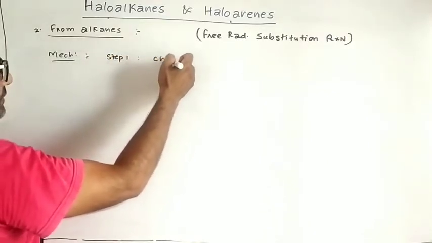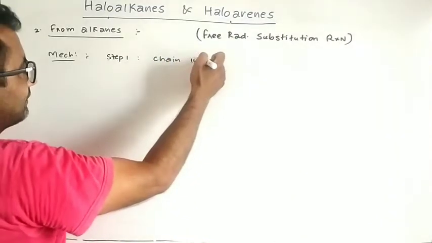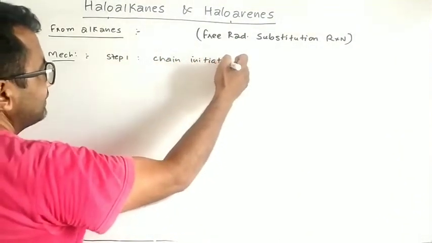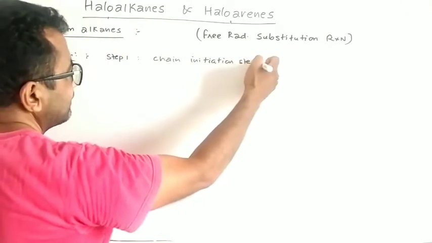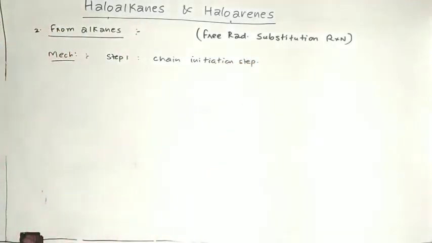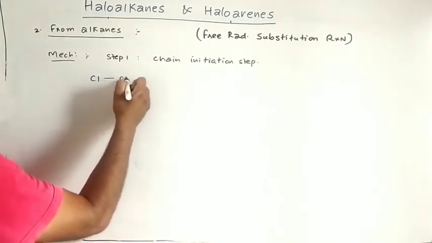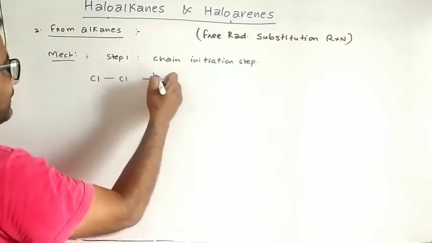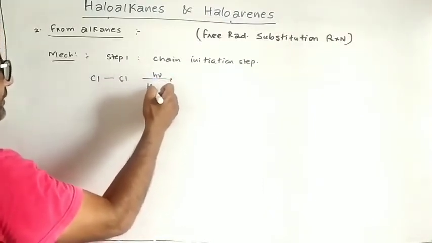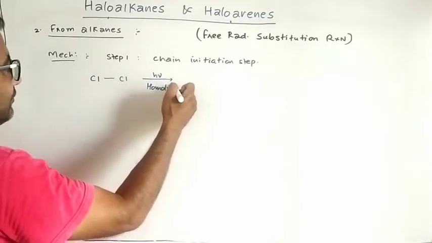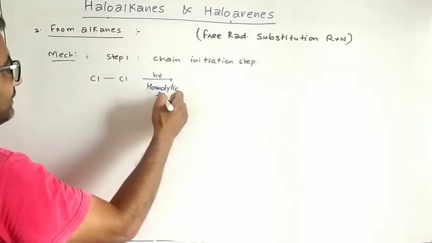Step number 1, chain initiation step. In this step, Cl single bond Cl, when we provide light, undergoes homolytic fission.